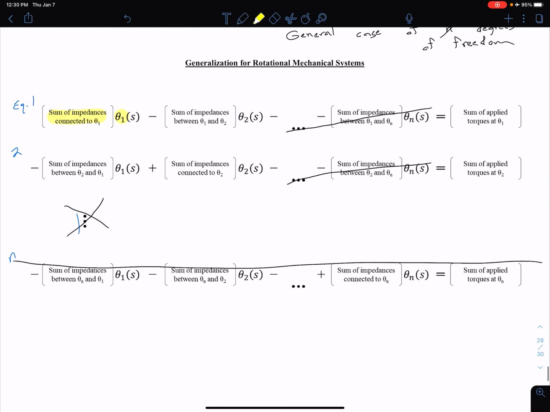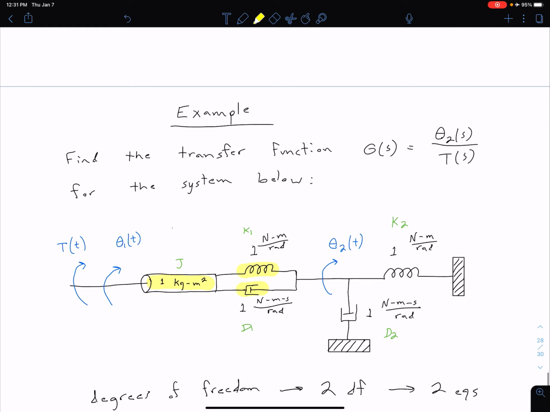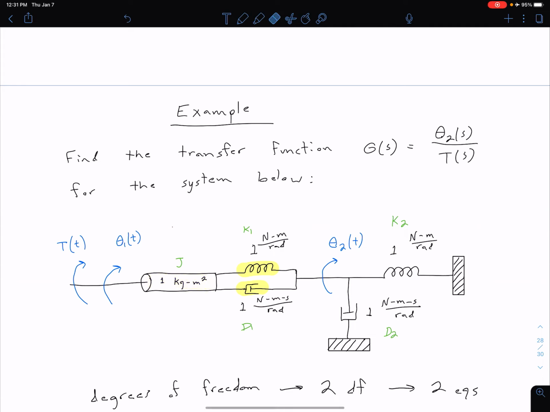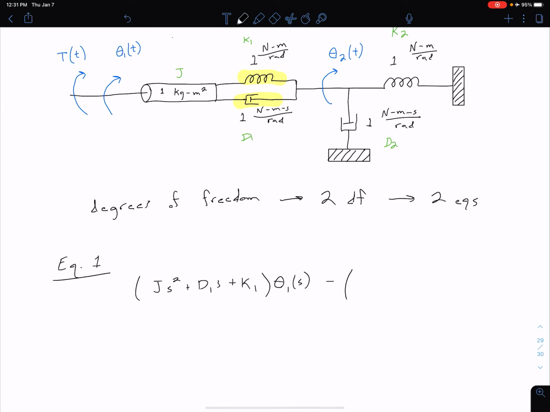For our second term, we want to subtract the sum of impedances between theta 1 and theta 2 and multiply that by theta 2. Coming back down here, between theta 1 and theta 2, we have just the spring and the viscous damper. So we're going to subtract the impedances D1 times s plus K1, multiplied by theta 2 of s.